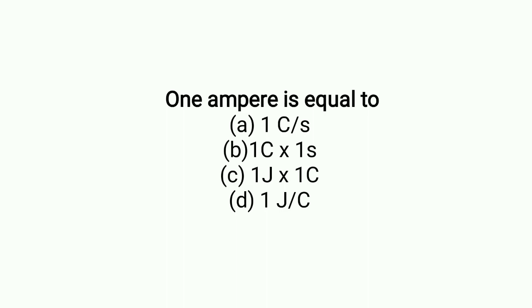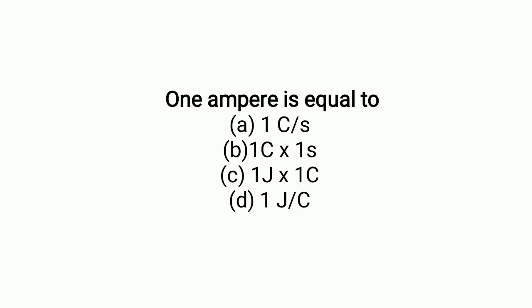Next question, 1 ampere is equal to: option A 1 coulomb divided by 1 second, option B 1 coulomb into 1 second, option C 1 joule into 1 coulomb, option D 1 joule divided by 1 coulomb. See, here we have the formula current is equal to Q divided by T. The unit for charge is coulomb, for time is second, and for current is ampere.